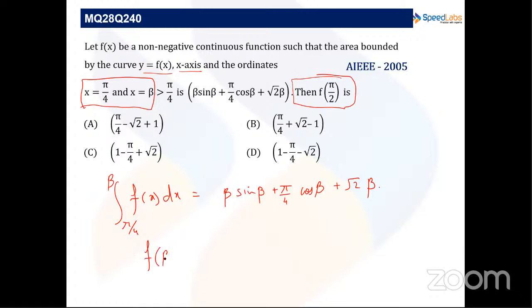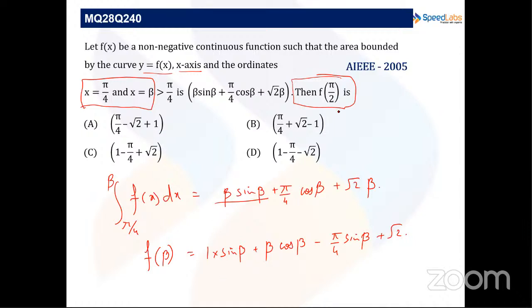So f of beta will be equal to, product rule will apply, 1 into sine beta plus beta into cos beta plus pi by 4, the differentiation of sine beta is cos beta, and the differentiation of cos beta is minus sine beta, plus root 2. So this will be the value of f of beta.